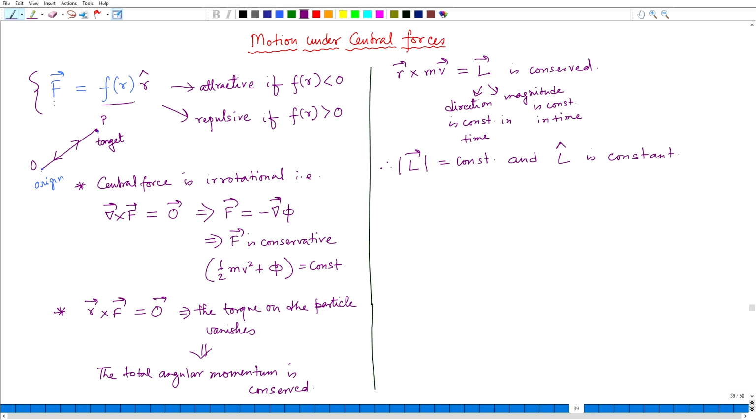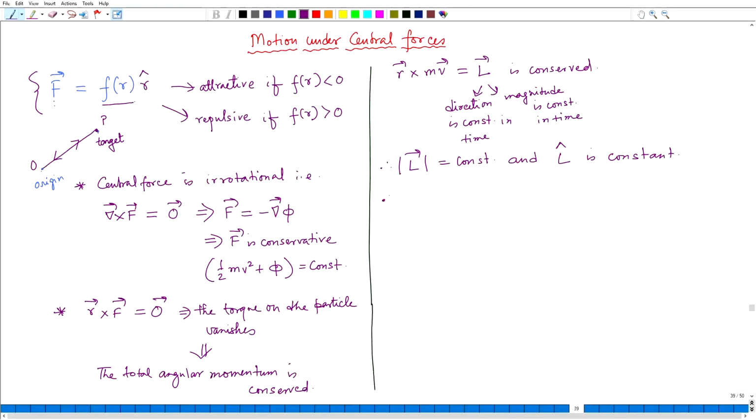Let us say this is a constant vector. This basically gives you a constant direction in space, and whatever be the motion of the particle with time, the direction and the magnitude of this vector do not change.